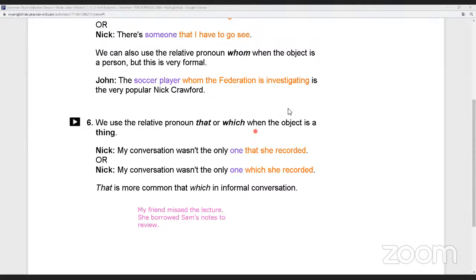Nicole, are you there? Yes, Miss. Could you please combine these 2 sentences in one? Write it into the chat, please.